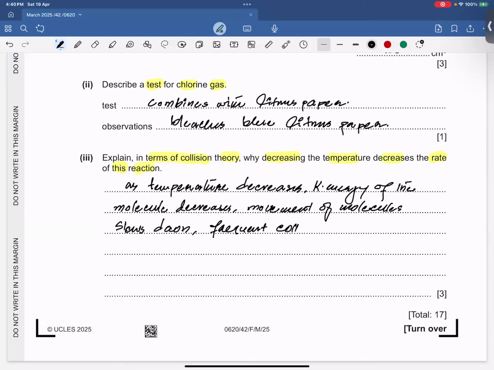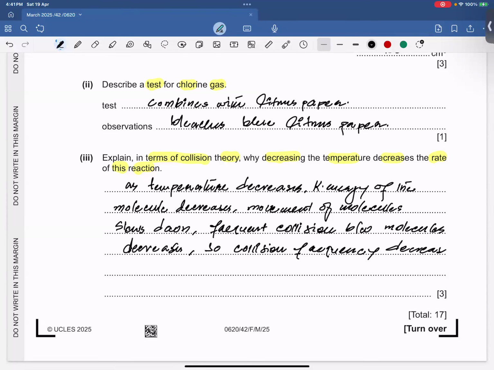Frequent collision between molecules decreases. So collision frequency decreases. Hence, rate of reaction decreases.